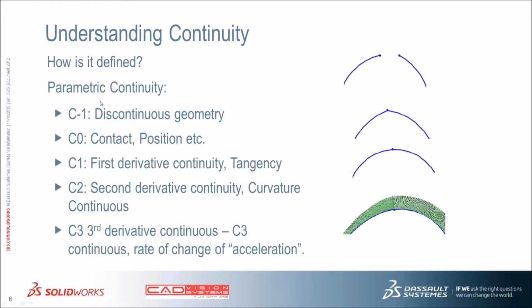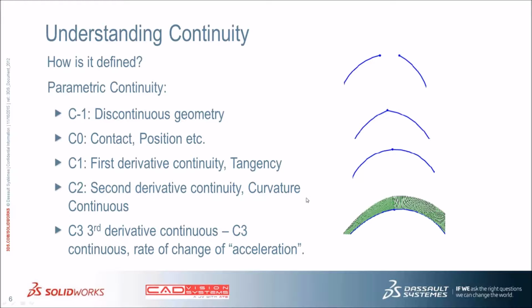The first group of definitions relates to parametric continuity. If it's C-1, it's discontinuous. The entities do not contact each other. If it's C0, there is contact, but that's just about it. There's no tangency involved, no magnitude constraint involved. If it's C1, first derivative continuity, there is a tangency constraint now.